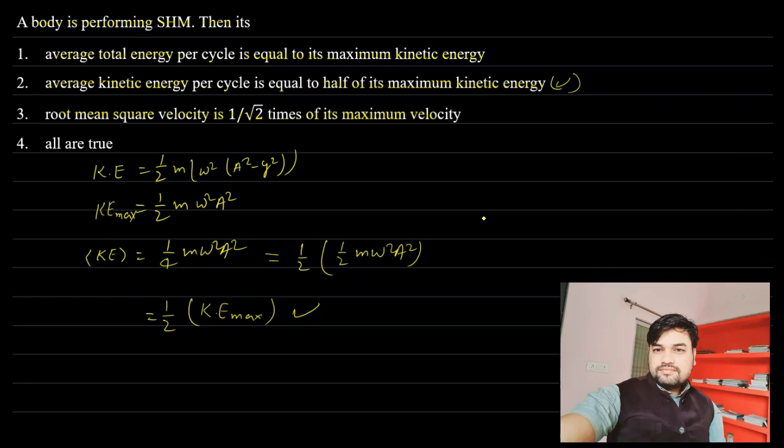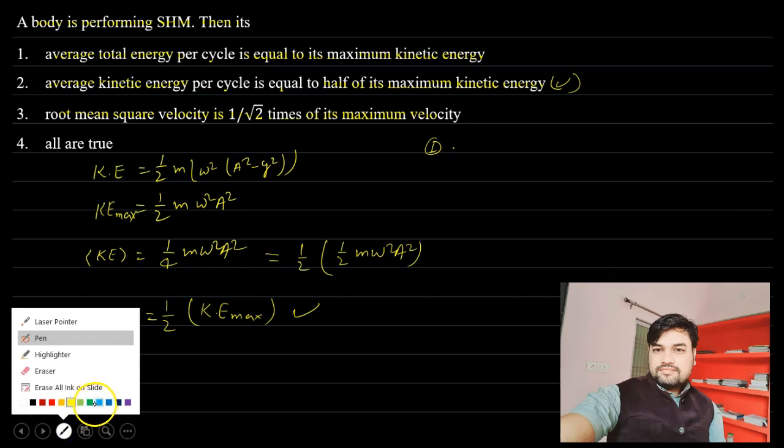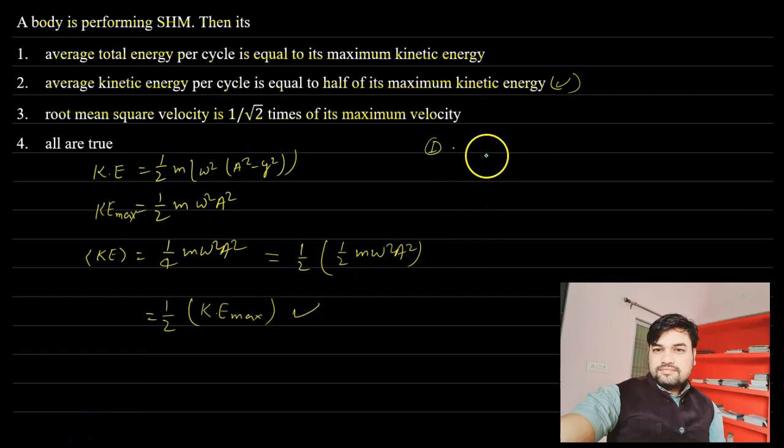Average total energy per cycle is equal to the maximum kinetic energy. For the first statement, the total energy is half of m omega square a square cos square omega t.